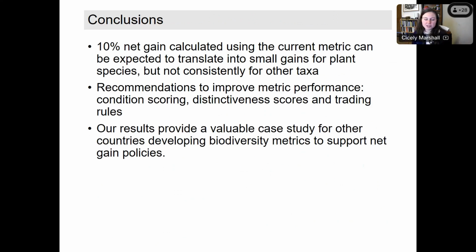So our conclusions then: our results suggest that a 10% net gain calculated using the current metric can be expected to translate into small gains for plant species, but not consistently for other taxa. We made some recommendations. We've met several times with Natural England and Defra to pass these on.